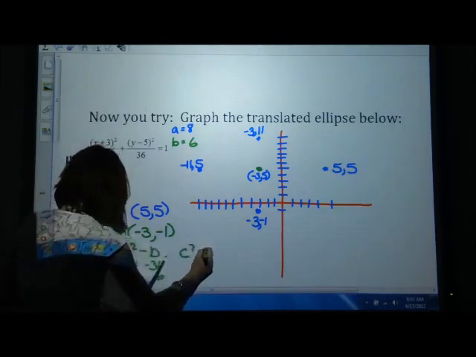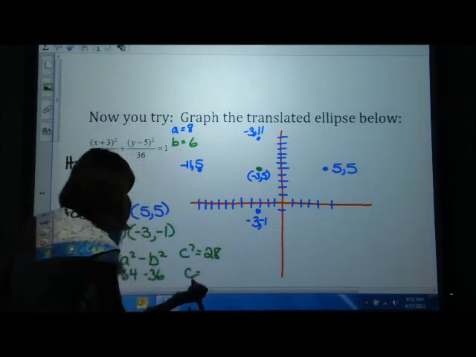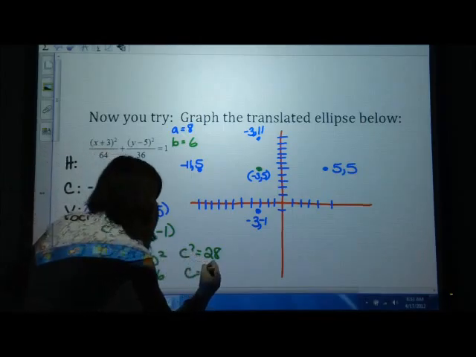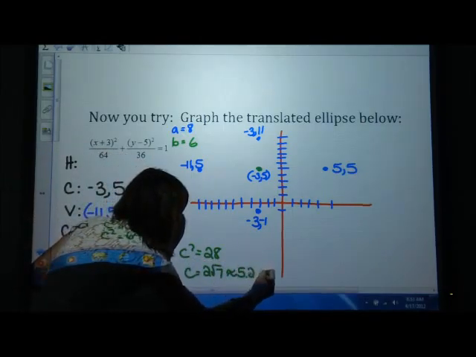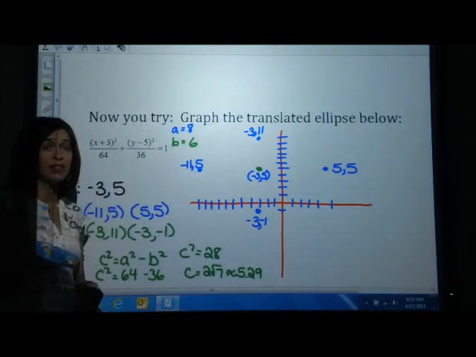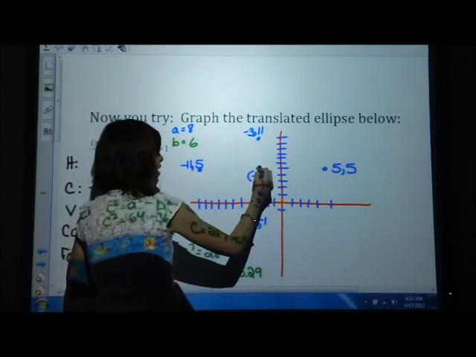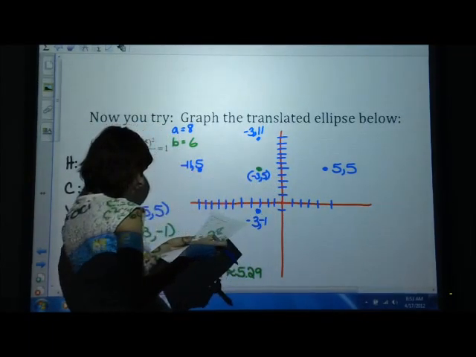So c squared equals, what did I get, 28. So I approximated c to be about 2√7, which is approximately 5.29. So that means I'm going to go on my horizontal axis 5.29 this direction and 5.29 this direction.